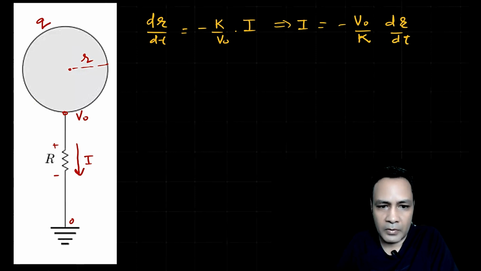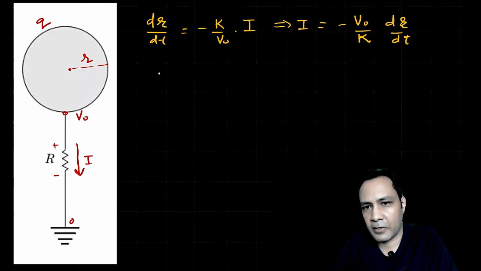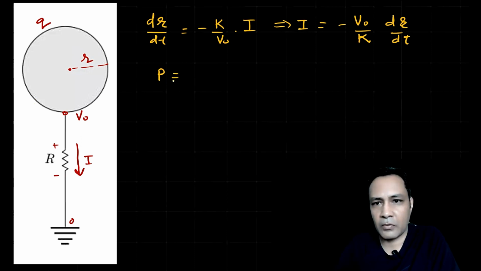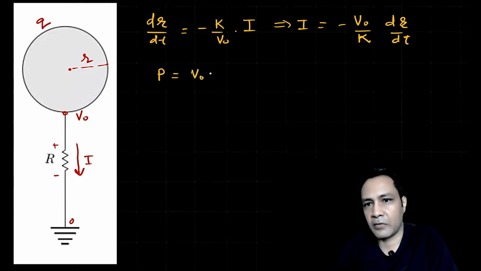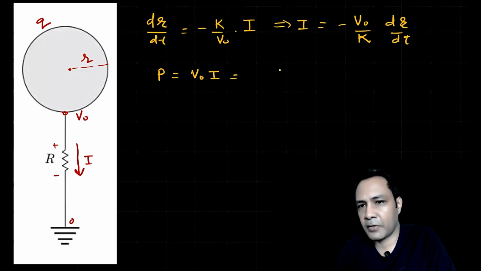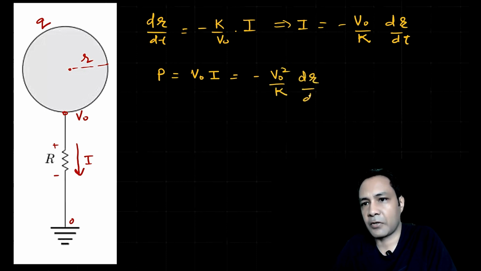The heat developed, the power dissipated in the resistor at any moment, I can write I square R, I can write V square by R, but the better thing would be for me to use V naught into I. V naught is maintained and the current I flows, so the power dissipated is V naught into I. Because I've got I as a function of r, I can put it here, so that will be minus V naught square by K into dr by dt.